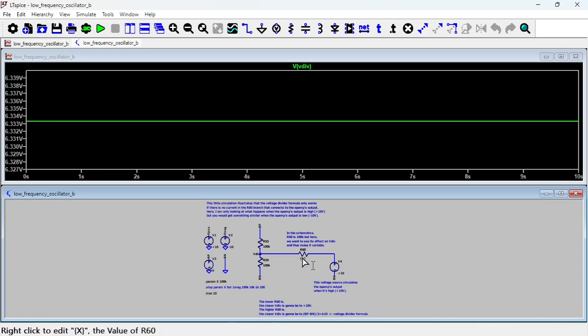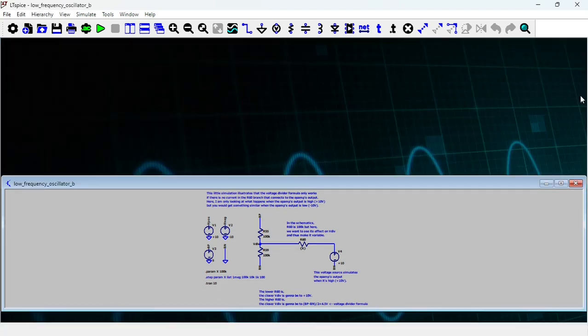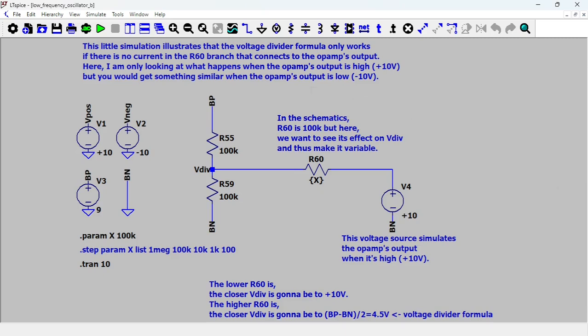So it's kind of interesting, and I put all kind of comments for you to read or not. It's an interesting little circuit to see the effect of this branch on the voltage divider. And again, the voltage divider formula is only valid when there is no current here.